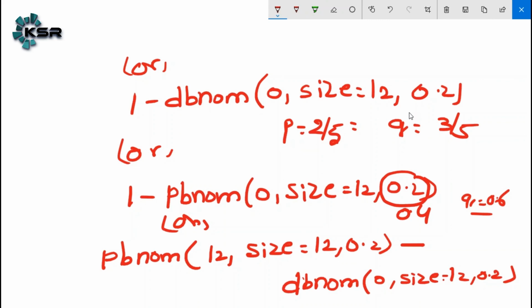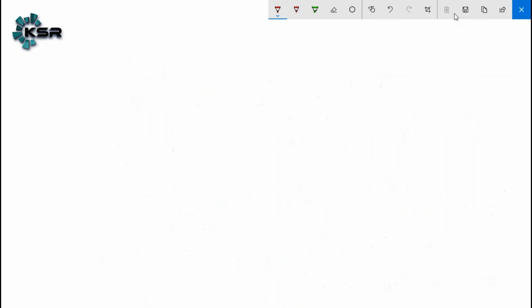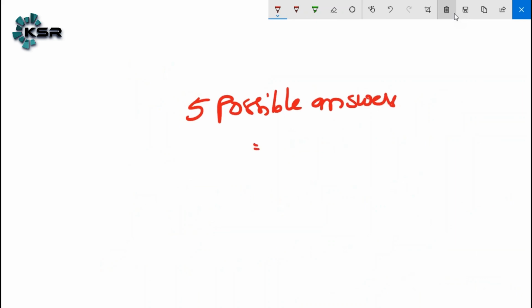Simple. So as per your case, what the question is: we have 5 possible answers for each question, in this case A, B, C, D, E. So basically, 5 possible outcomes, out of that only 1 correct answer.